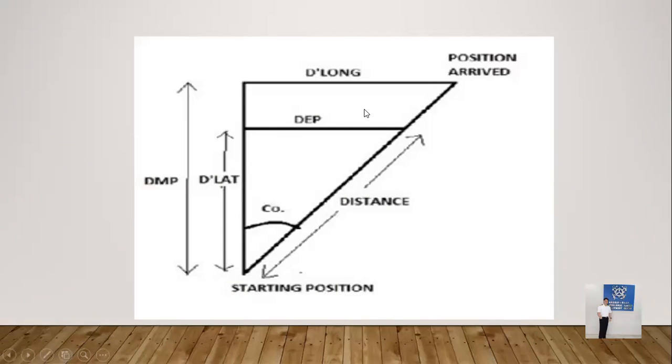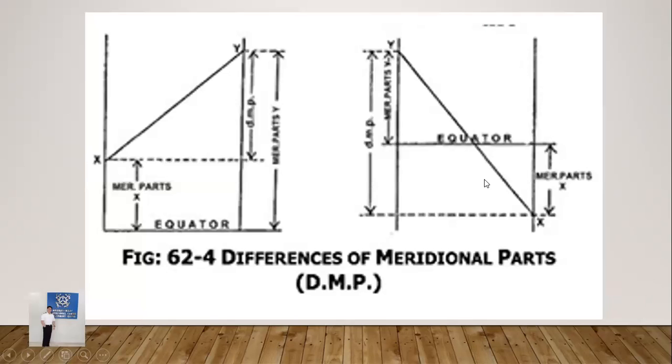We are still going to use the SOHCAHTOA formula: the sine, the cosine, and then the tangent. I will show you later the formula used for the Mercator sailing projection.